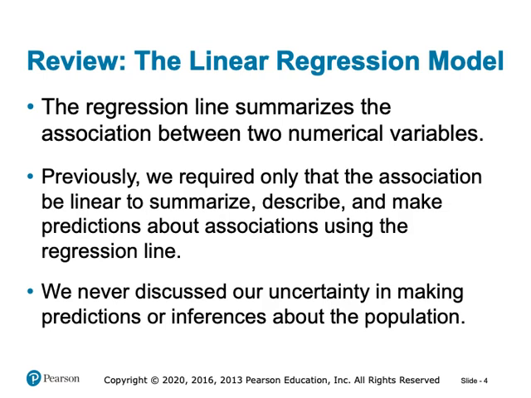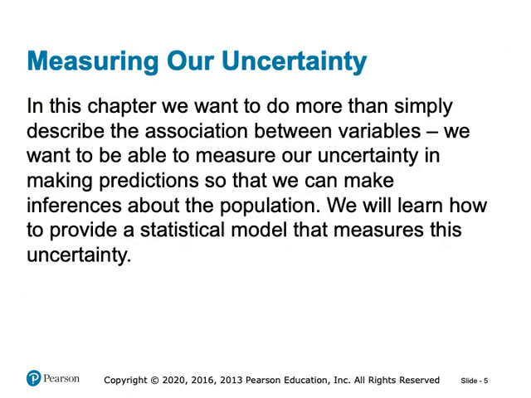This understanding is what transforms our analysis from simply descriptive to inferential, allowing us to make more informed and reliable decisions based on our data. As we continue our exploration of regression, it's important to recognize that describing the association between variables is only part of the picture. In this chapter, our goal extends beyond merely summarizing relationships.